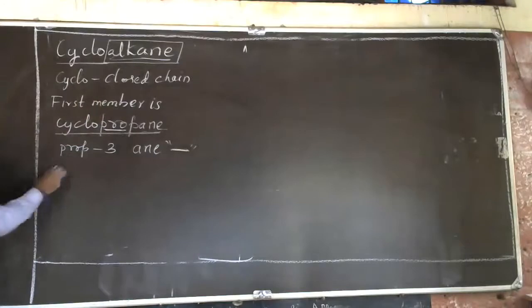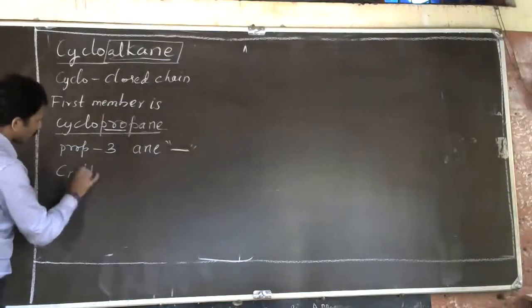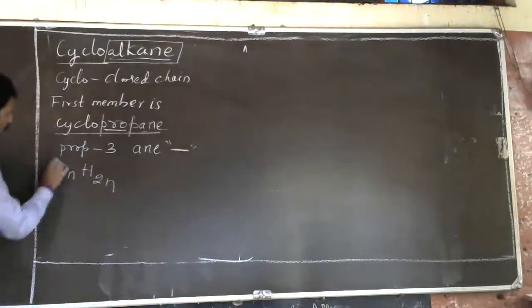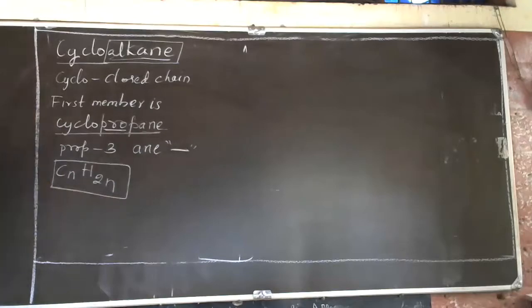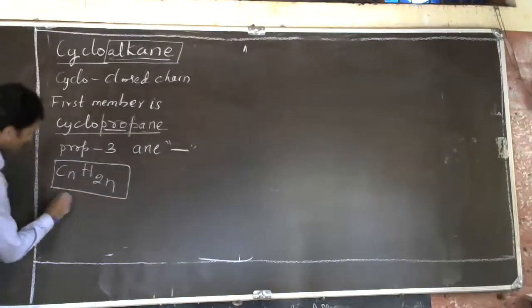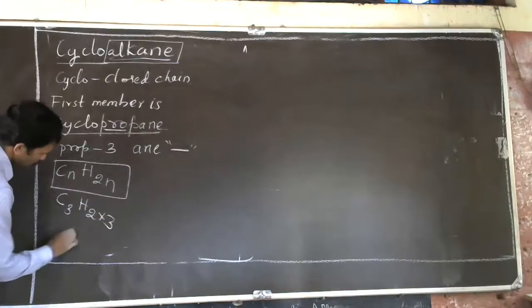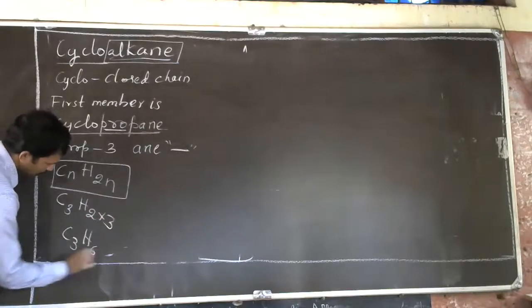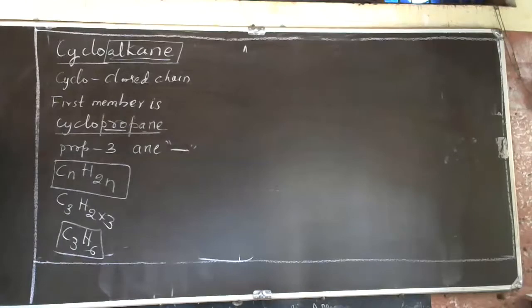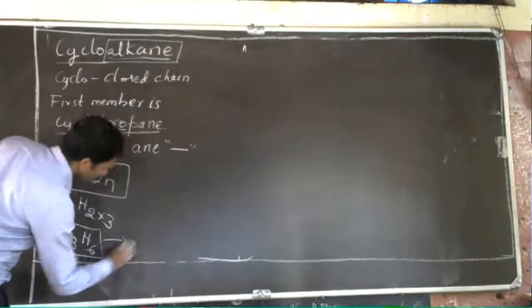So here the general formula is CnH2n. Remember, you will have confusion. CnH2n, C3H2 into 3, so it becomes C3H6. This is the molecular formula.